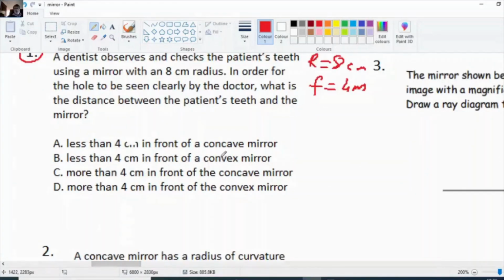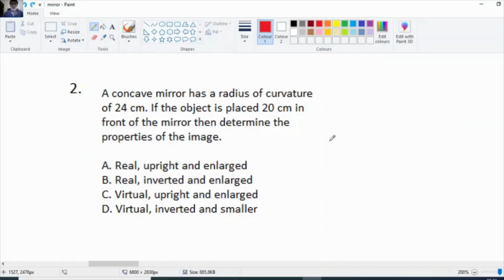That's why we cannot use a convex mirror, and the object must be less than 4 centimeters in front of a concave mirror. So the correct answer is A.